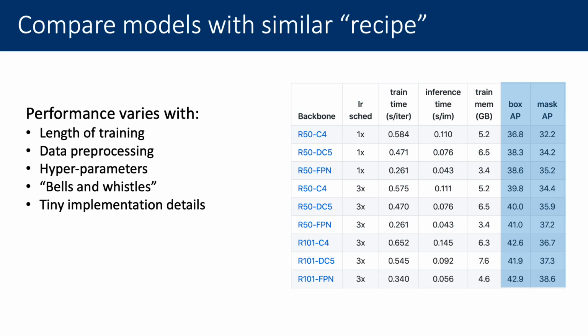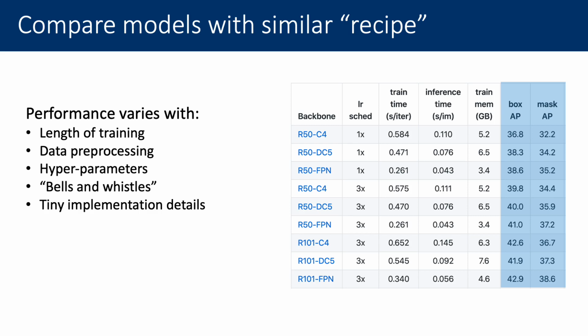And let's come back to our model zoo again. To know how good a model is, we look at the evaluation metrics, and here are the APs. When comparing models against each other, especially in research papers, we need to be very careful about the recipe of training, because a comparison between two models that may appear to be fair can actually be affected by many other hidden factors, such as how long the model has been trained, the data preprocessing that's used, all kinds of hyperparameters, and the so-called bells and whistles.